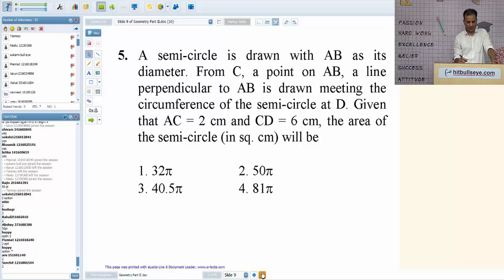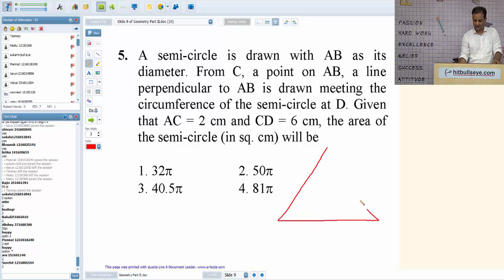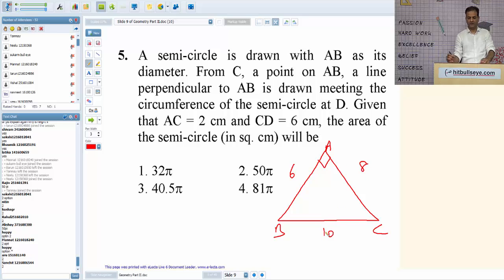Again, friends, for those who have not attended, I am writing again what we did in the last class, because it has a very wide application. In triangle ABC, if here it is a right angle, I have taken a 6, 8, 10 right angle triangle. This is not related to this question, but indirectly it can be helpful.